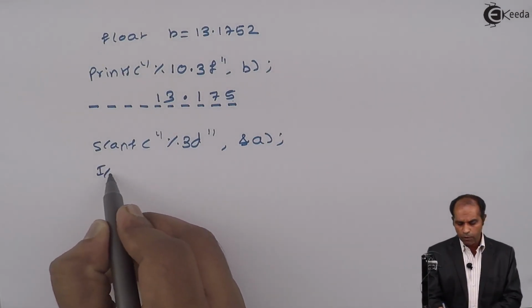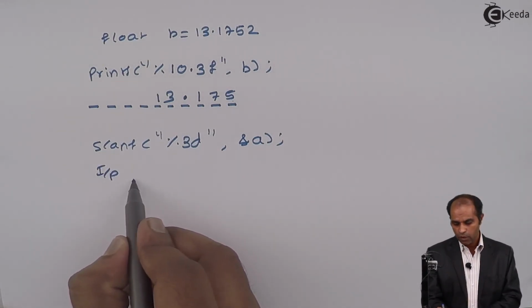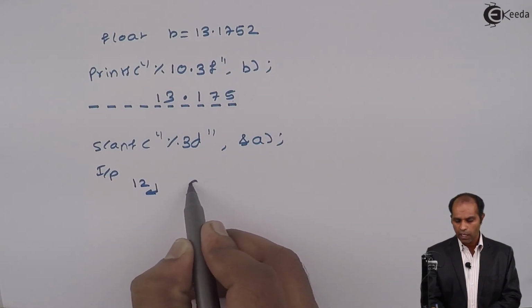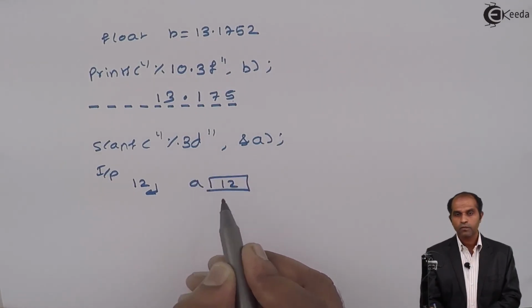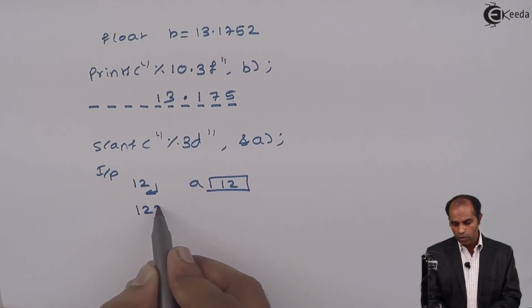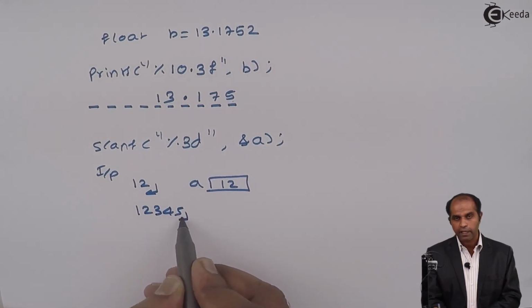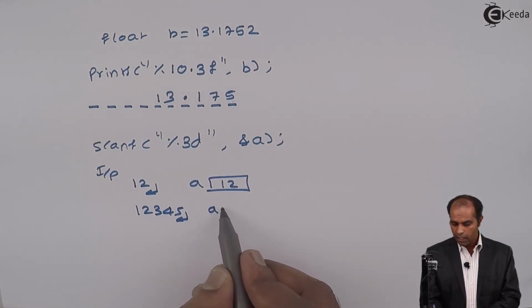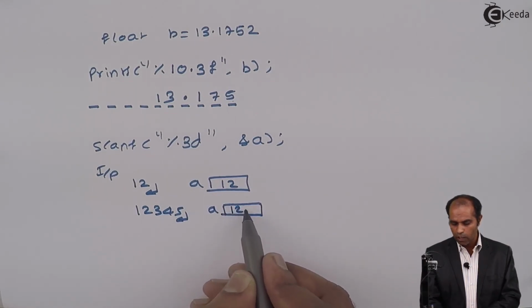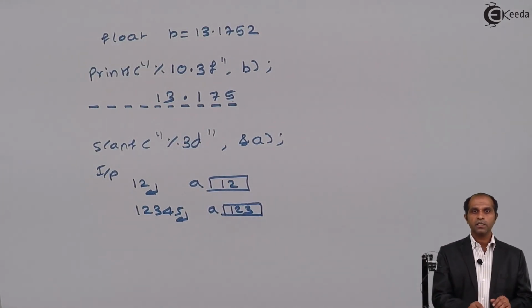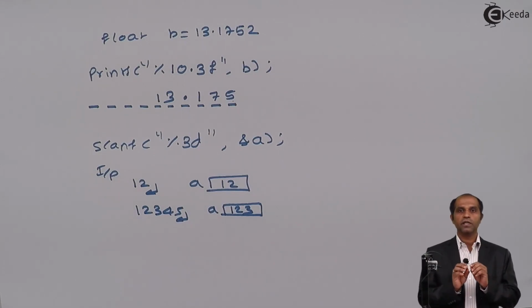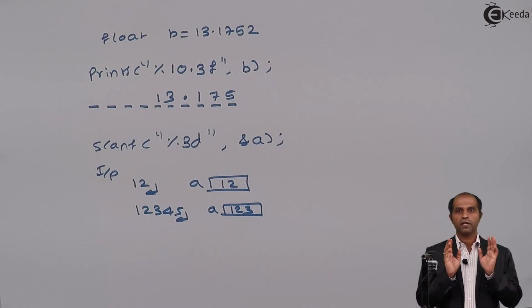Suppose the input is 12 and I hit the enter key, a will store 12. If I enter 1, 2, 3, 4, 5 and hit the enter key, in this case a will store only 1, 2, 3. So percentage 3d means that it should read only 3 decimal digits into this particular a.